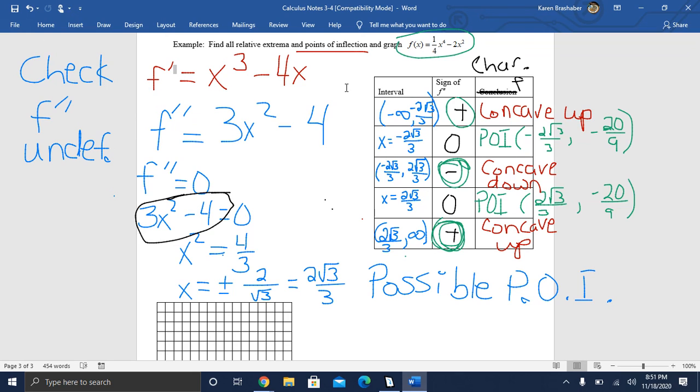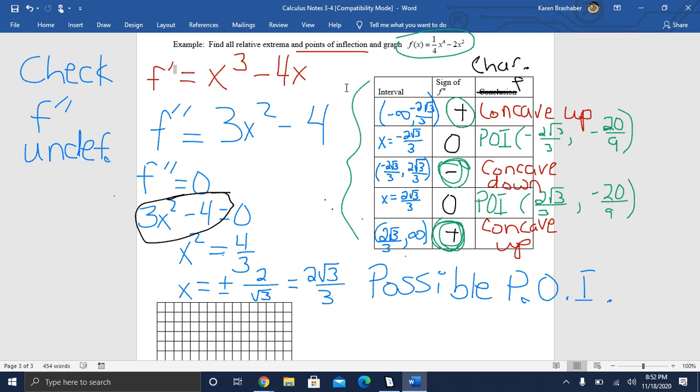We've got to find the relative extrema, and for that I'm going to do the second derivative test, but we will use this information about concavity as we draw the graph of this function. So keep in mind that we will be plotting the 2 points of inflection and taking note of whether the graph is concave up or concave down.